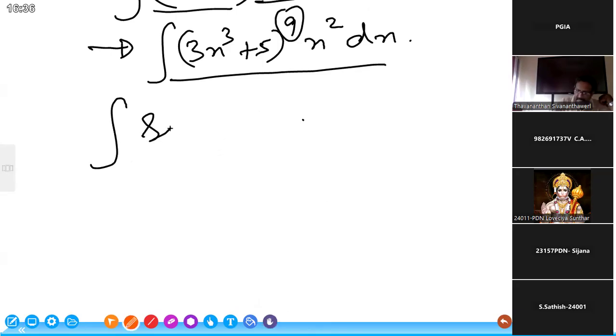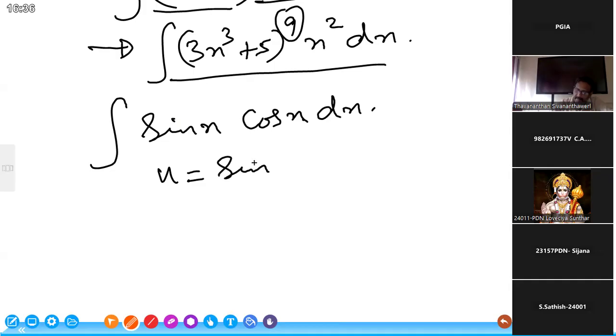Integration of sin x cos x dx. You can take u as sin x. If you take u as sin x, what is du by dx? It is cos x.